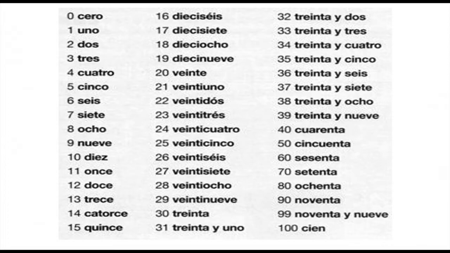And this will happen with the 40s, the 50s, the 60s, the 70s, and so on. So it is important to know the words for 40, 50, 60, 70, etc. And if we have, for example, 72, what we will say is 70 and 2. 72.